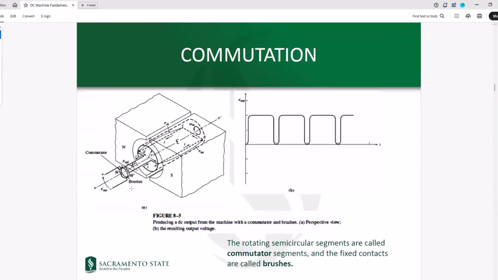the voltage in a way that it would result in an always positive or positive average. And the transition from positive into zero happens right when these semicircles are transitioning, through that neutral plane. So at the neutral plane, we are expected to see a zero voltage.